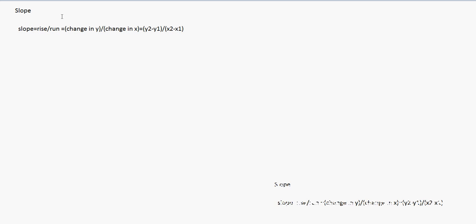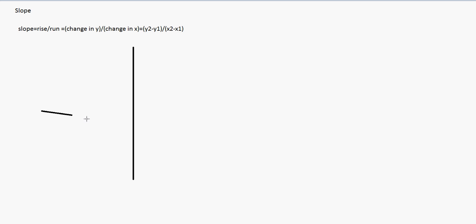Let's go with the line tool here first. Here's my y-axis, and there is my x-axis, and then in gray I am going to make a line. Let's say we know the coordinates of 2 of the points on this line.